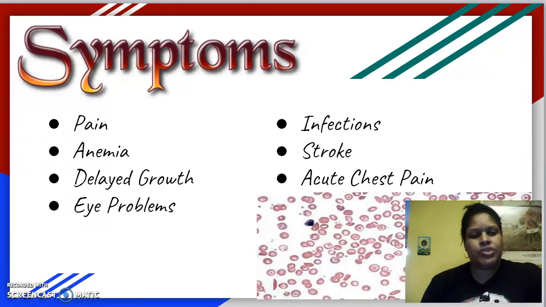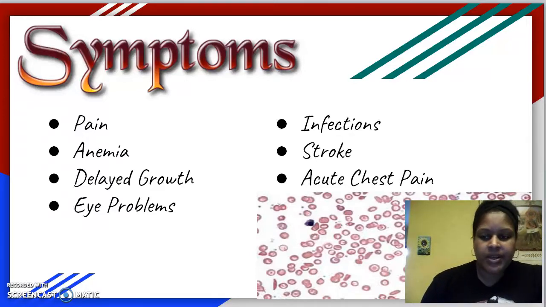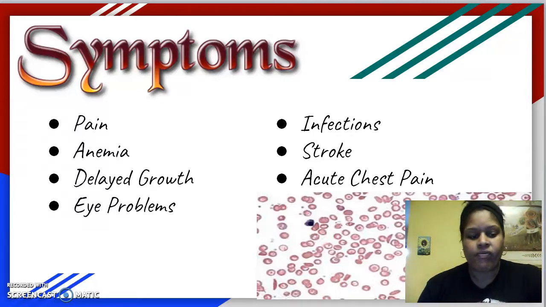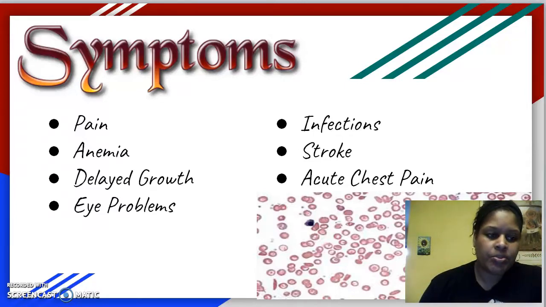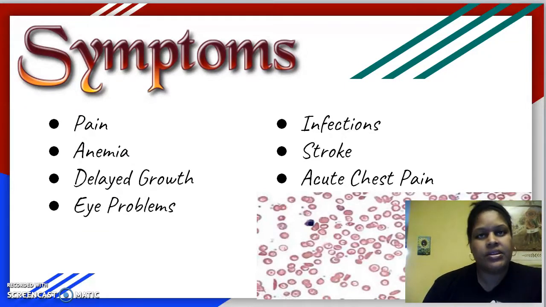So in order to avoid your cells from sickling, people with sickle cell would want to drink plenty of fluid, get a little bit of exercise without overexerting themselves, and eat a healthy, balanced diet. You want to avoid the cold, stay warm, wrap up. And you want to treat infections and fevers very quickly. Pretty much what we should all be doing in order to stay healthy.